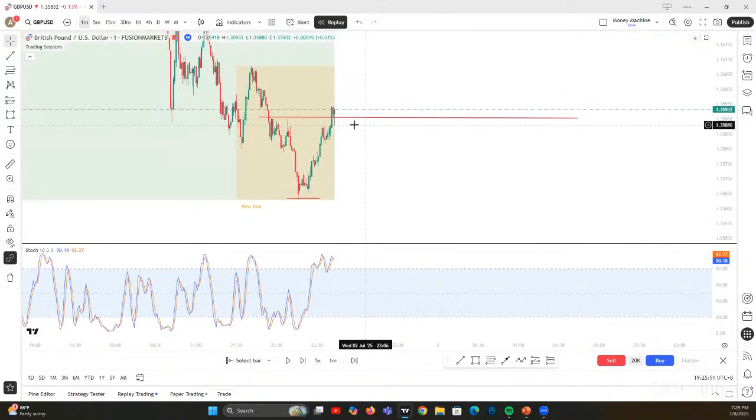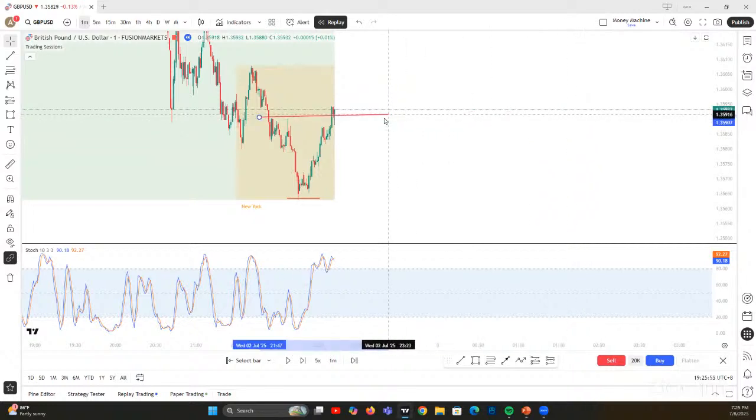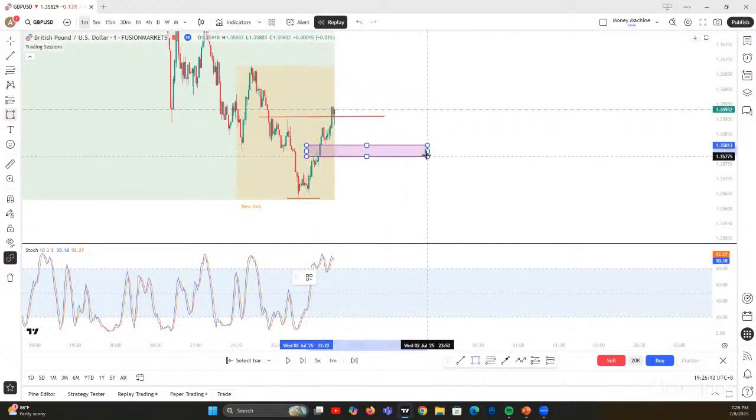So when you see a change of character like this, you remember our structure? You need a pullback to the FVG or the order block that created the change of character.